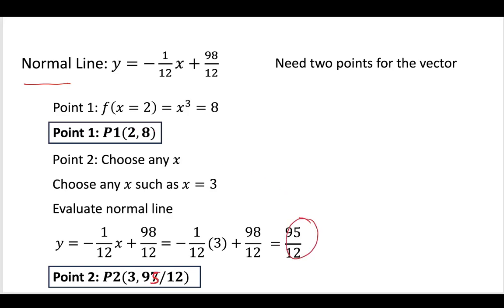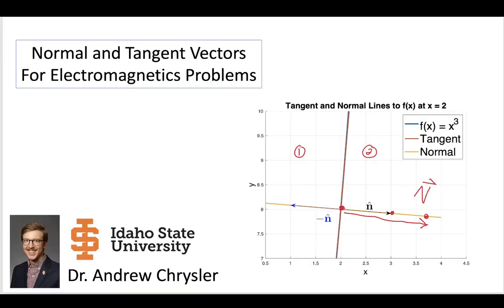So now I have point 1 and point 2. That's a point here, and then I also found a point here. That point happens to be very close to the tip of that normalized unit vector, but it's also what we use to find a general normal vector.